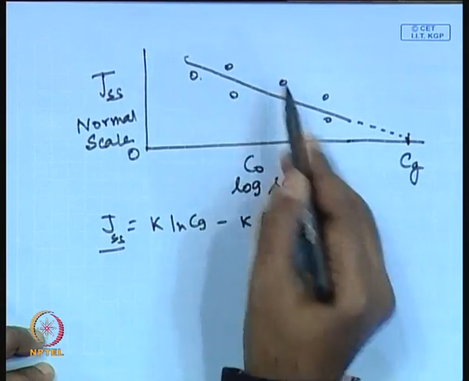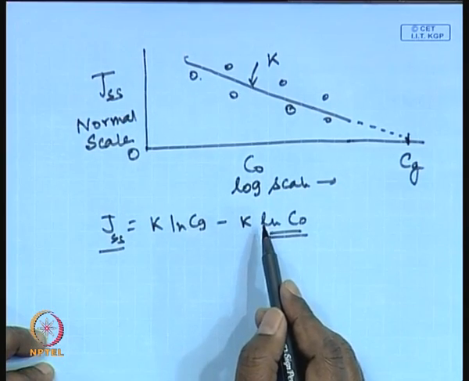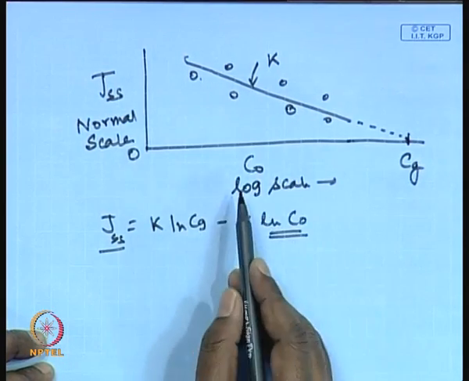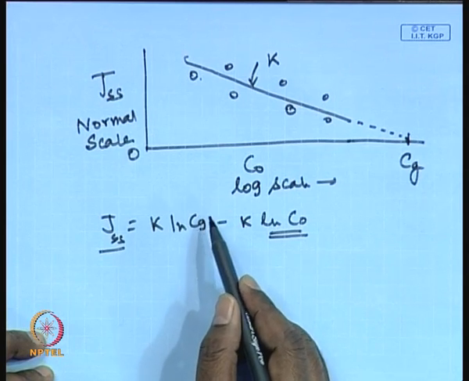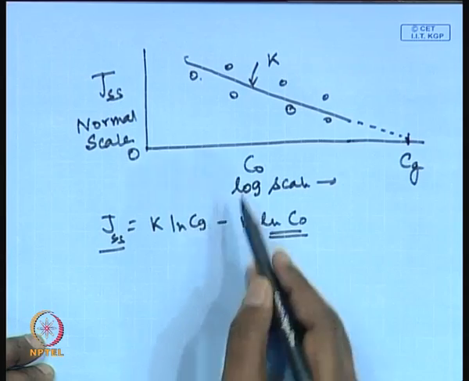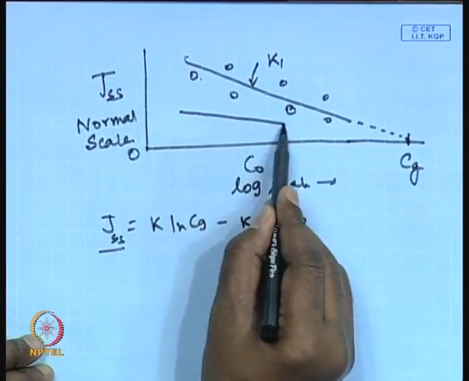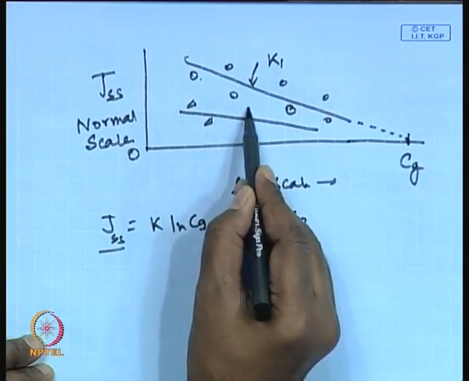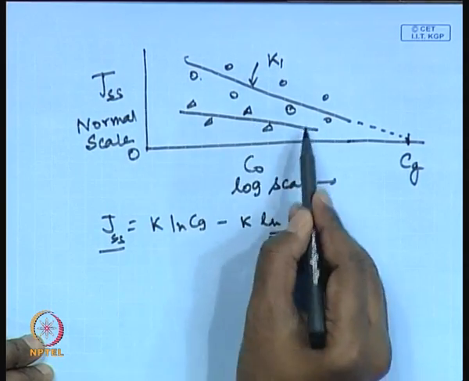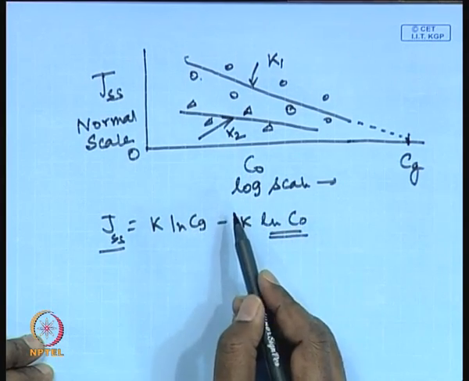All these 10 experiments have been conducted with the same mass transfer coefficient. You can conduct these 10 experiments with a different mass transfer coefficient, or different stirring speed or different cross-flow velocity. If you do that, then this will be K1, and you are going to get another straight line, maybe with triangles, and all these experiments are conducted with a mass transfer coefficient K2.